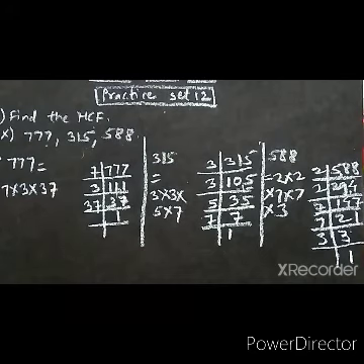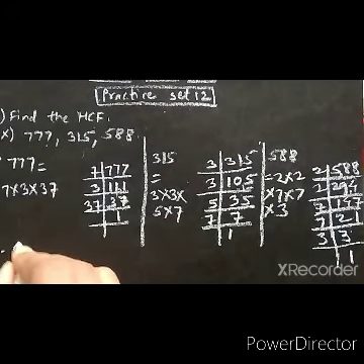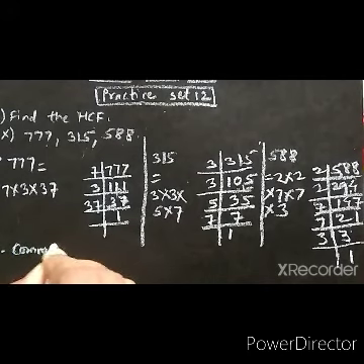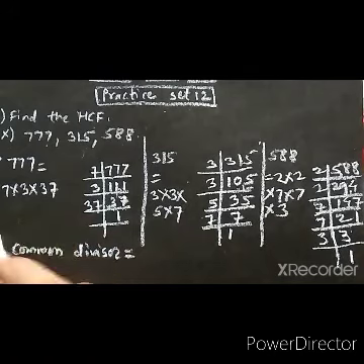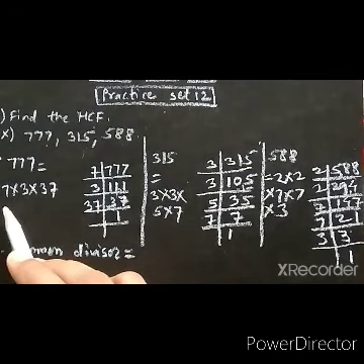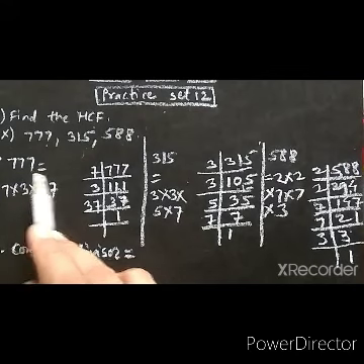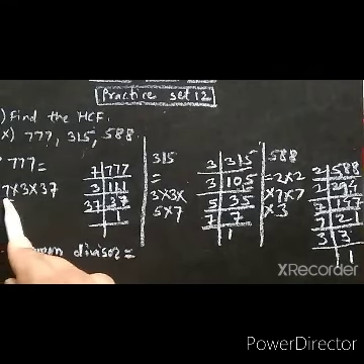Now we have to find the common divisor of all these three numbers. Therefore, the common divisor is equal to, we have to take the common numbers from these three numbers. So 7 is common.